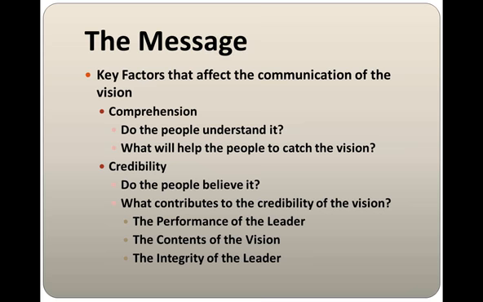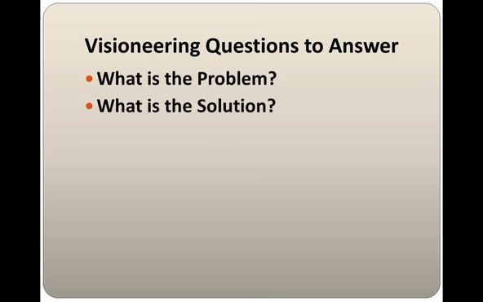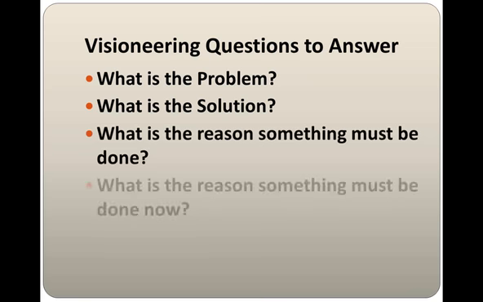Andy Stanley says in the book Visioneering to communicate the vision by answering four questions. So here they are. Number 1, simply, what is the problem? Number 2, what is the solution? Number 3, what is the reason something must be done? Why, then, is it urgent?